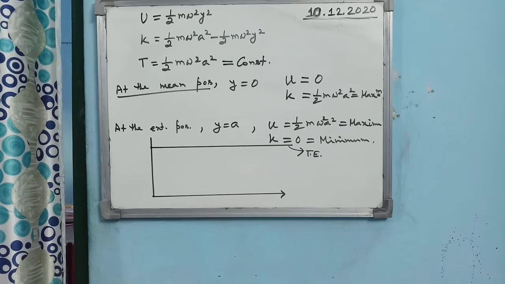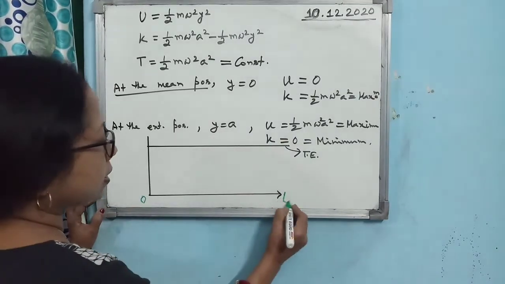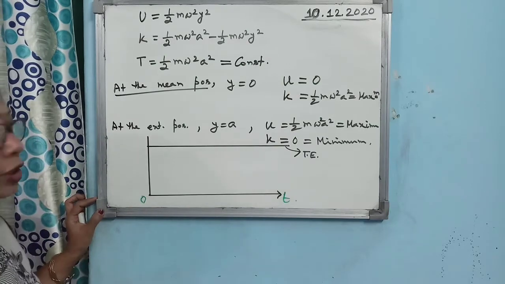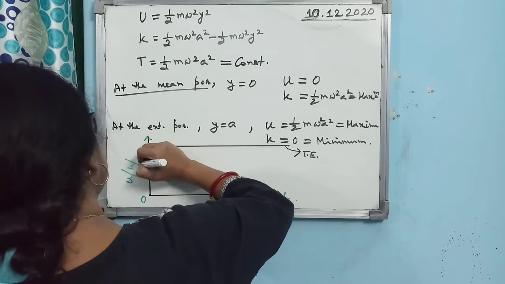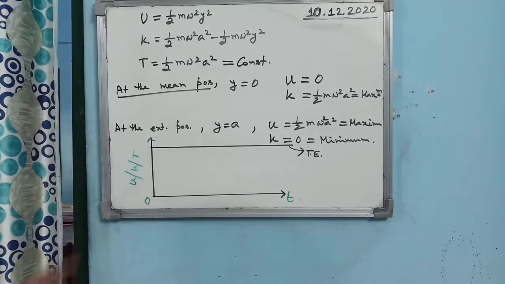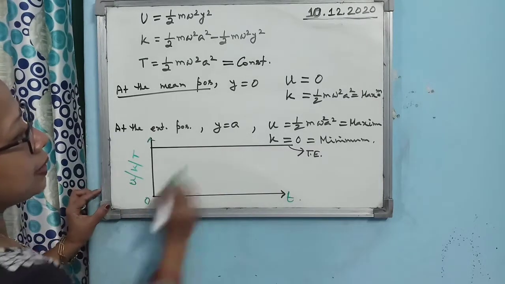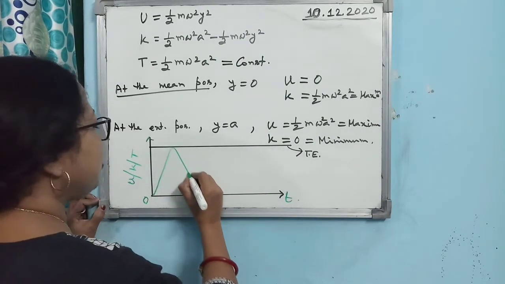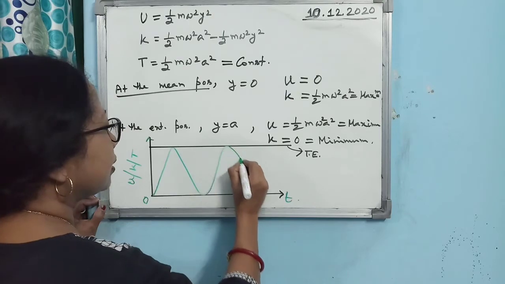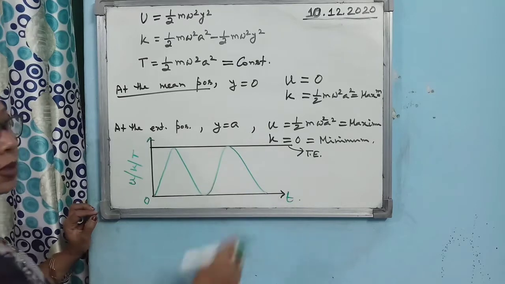Let us do it the alternate way. This is 0, this is time t, and it is the mean position. Here we have plotted potential energy, kinetic energy and total energy. The potential energy at the mean position is 0, so the potential energy graph will go 0, then maximum, again 0, maximum, 0 like this.